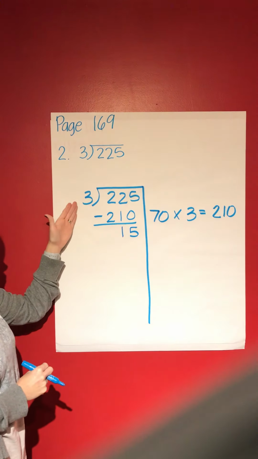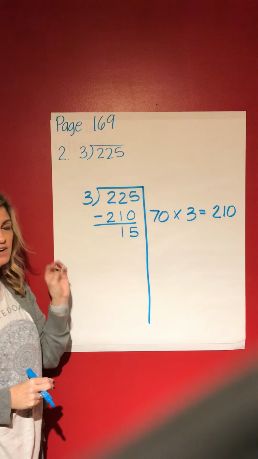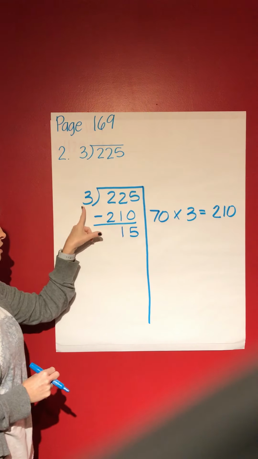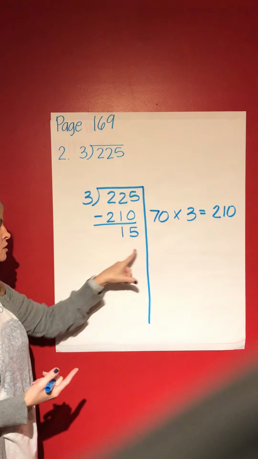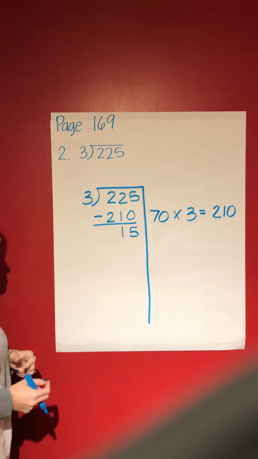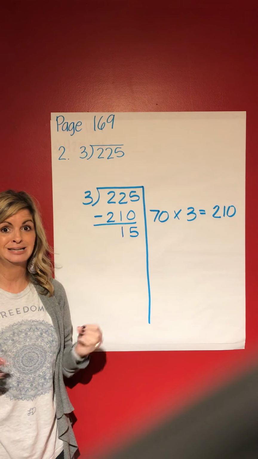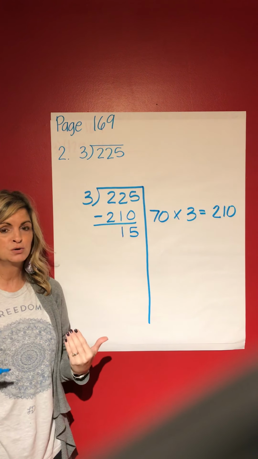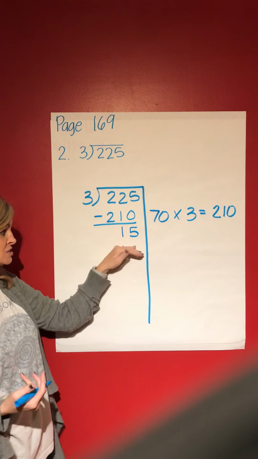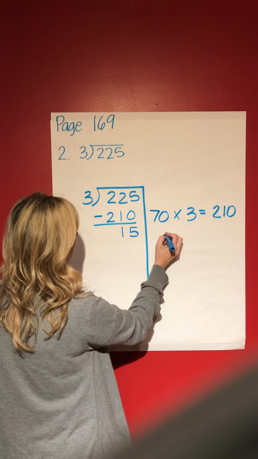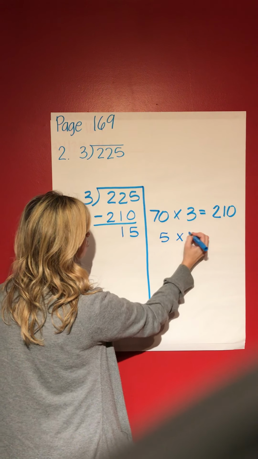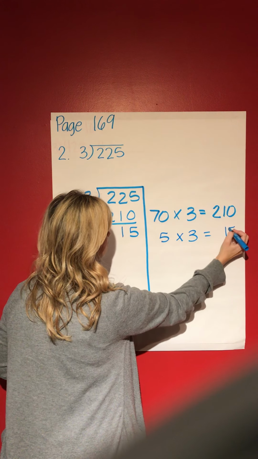And so I know that I've got to find a factor of 3 that equals 15, all right? So do you know any? Oh, I hope that you immediately said, yes, yes, yes. I know that 5 times 3 is 15. And so I'm going to write 5 times 3 equals 15.